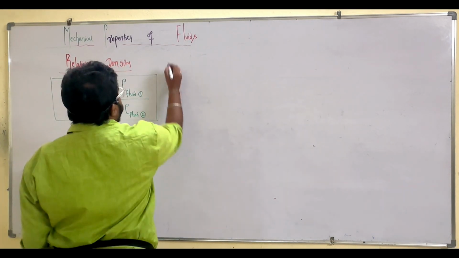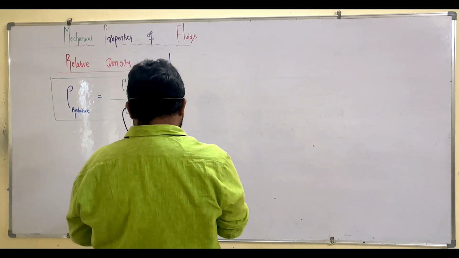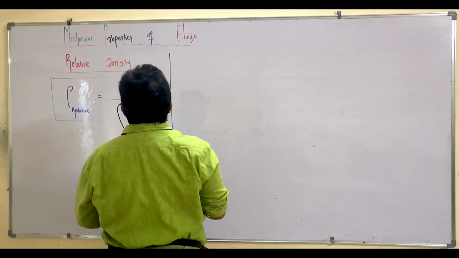So what is the specific gravity? Specific gravity means the density of the fluid by the density of the standard fluid.